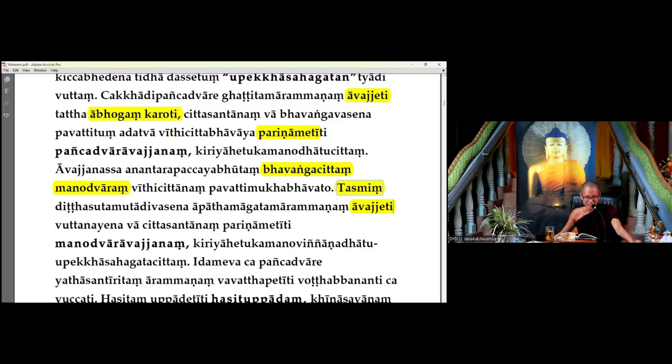Makes attention to what? Arammana, the object.